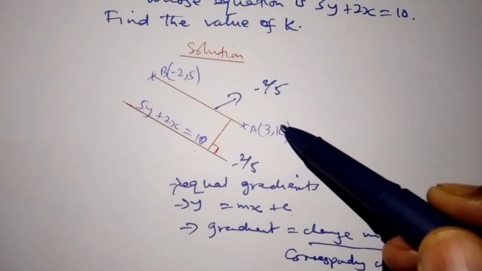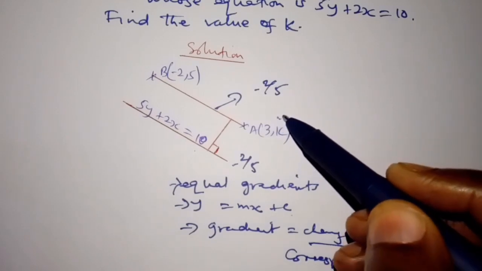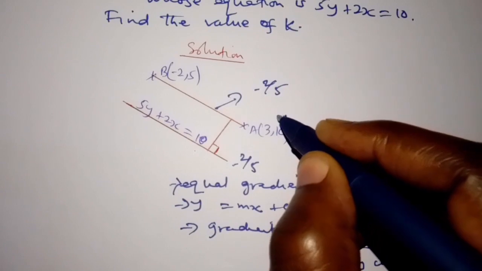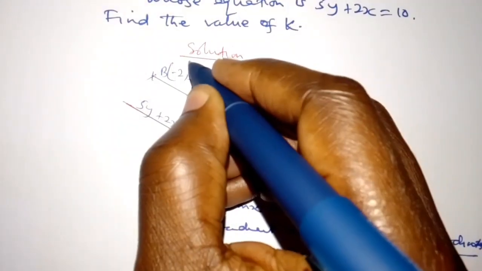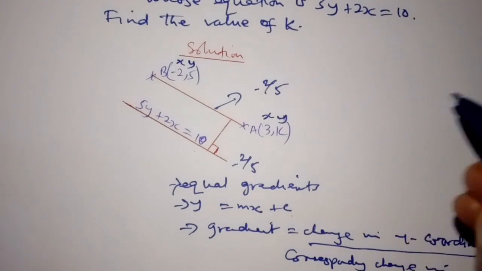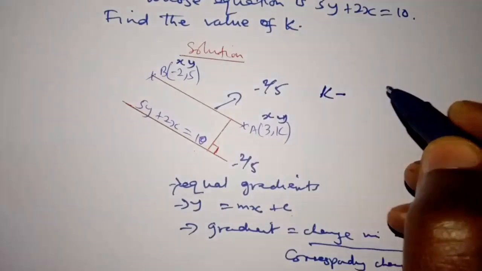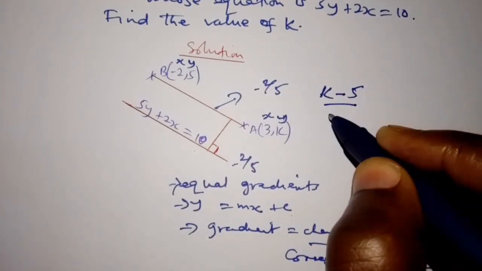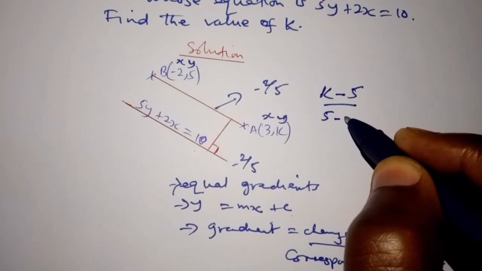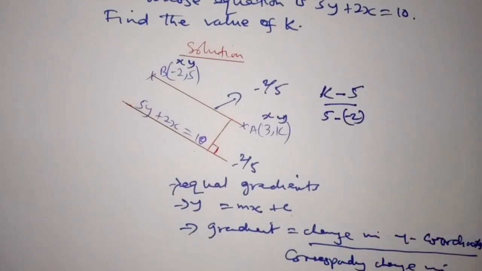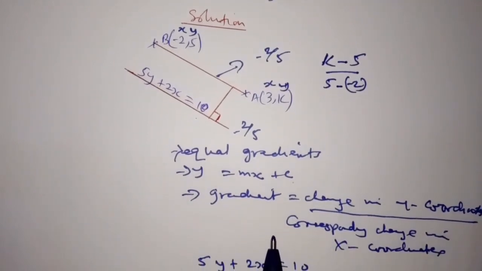So this is y, this is x, this is y, this is x. We are using the formula for finding the gradient, whereby gradient is change in y coordinates over corresponding change in x coordinates.